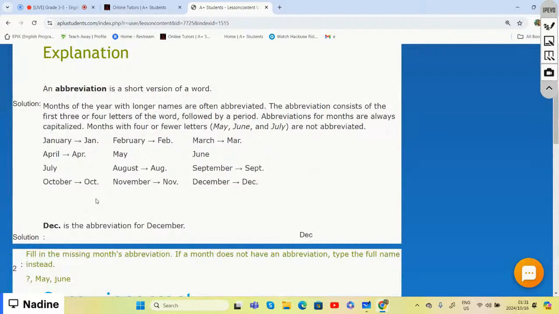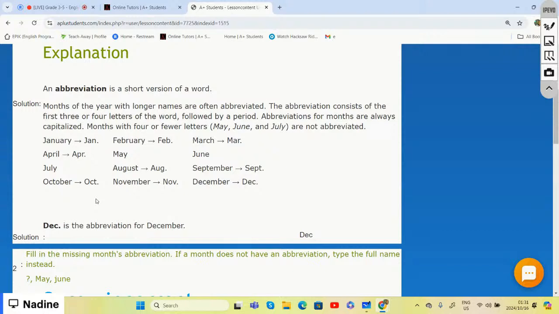Months of the year with longer names, we need to abbreviate, and don't forget the period.